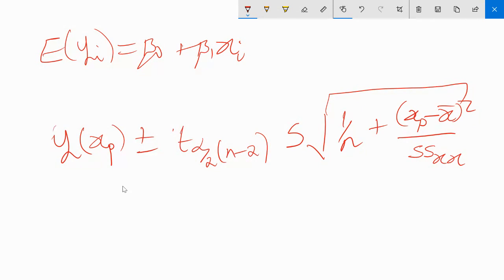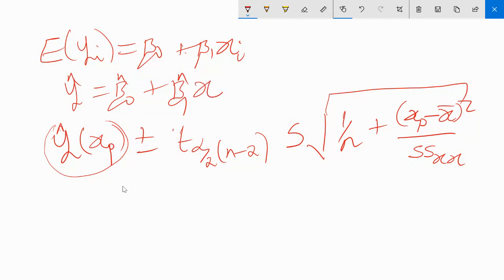Sorry, there should be a hat here. This is the point estimate, because this one is estimated using y hat, which is beta 0 hat plus beta 1 hat xi. So if we know a value of x, we're going to substitute here the value of x. That's why I'm saying xp. So this will be y hat p.